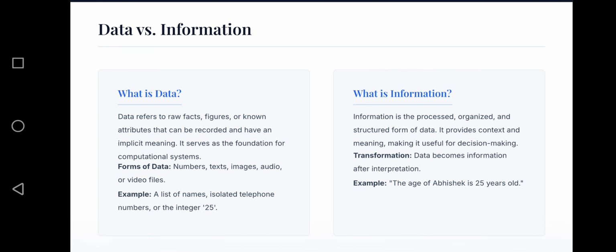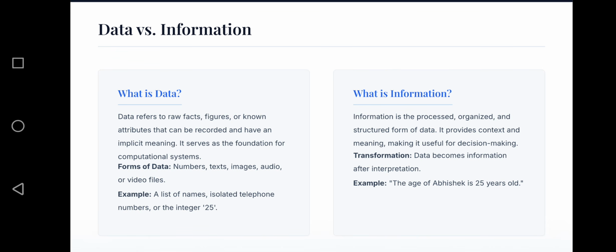When it comes to decision making, if it is information, then we can make a decision. Otherwise, if it is data only, then the user can't make any decision on it. There may be data with no relation between them. There will be data, but sometimes no relation.